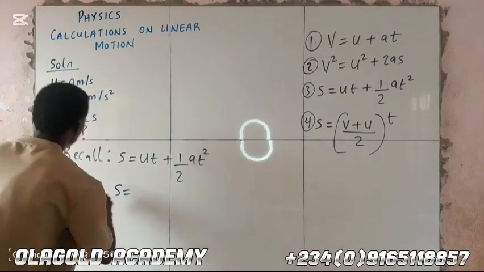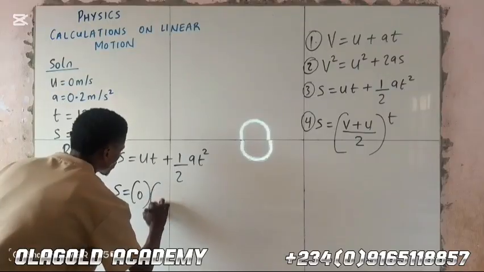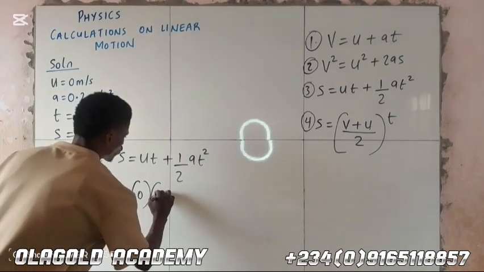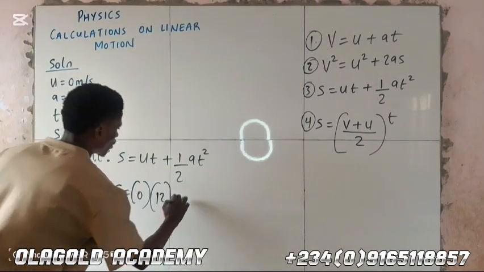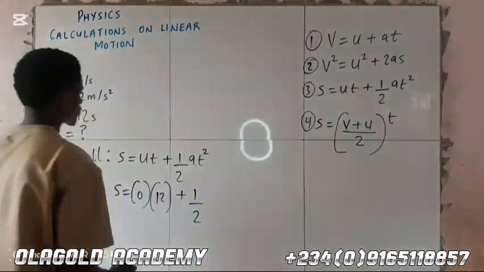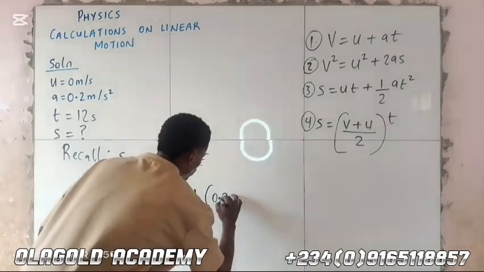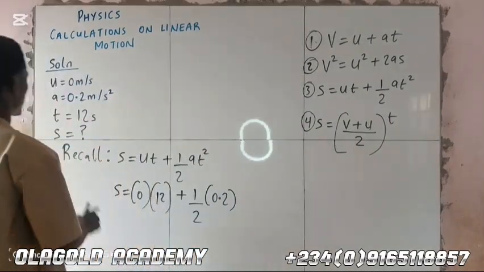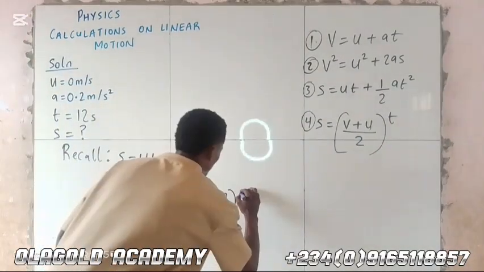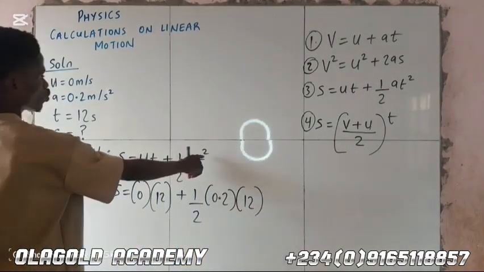S equal to, our initial velocity is 0, time is 12. We have 0 times 12, plus 1 over 2, acceleration is 0.2, time is 12. But let's not forget there is squared here.